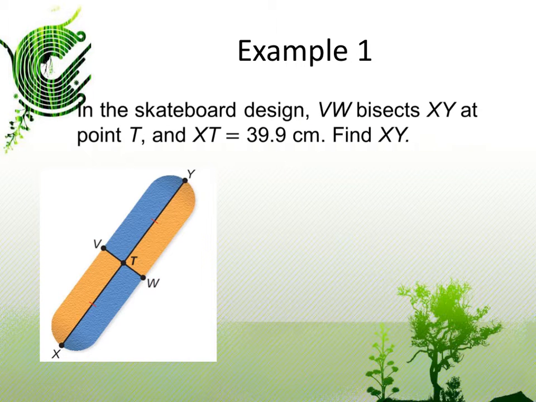Okay, so here's our first example. We have a picture of a skateboard design, and they're telling us that VW, which is right here, bisects XY. Here's XY, and it's being bisected at point T. So that should tell me that point T is going to be the midpoint.